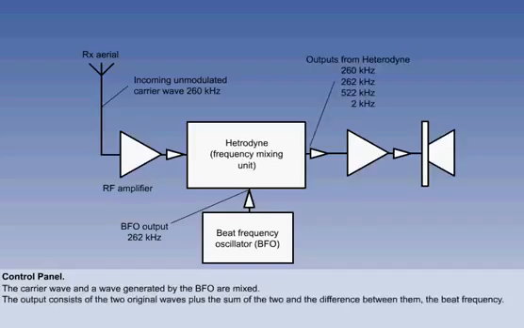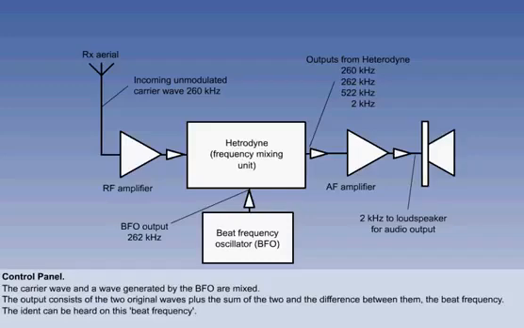The output comprises 4 signals: the 2 original signals, the sum of the 2, which is 522 kHz, and the difference between the 2, the beat frequency, which is 2 kHz. It is this 2 kHz signal frequency that is required, because it is in the audible range, and so the Morse ident can be heard. On most modern aircraft, this BFO function is done automatically.